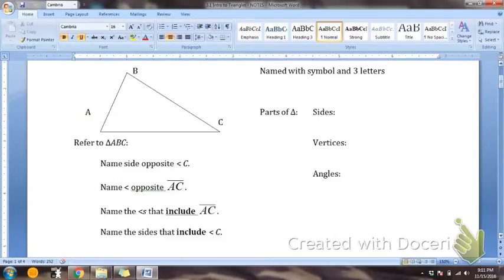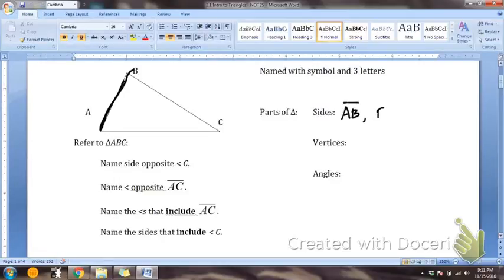After we've named any three letters, then we can name the sides of the triangle. The first side I'm going to look at is going to be side AB. Because it's a segment, I'm going to use the segment symbol. That's one side.